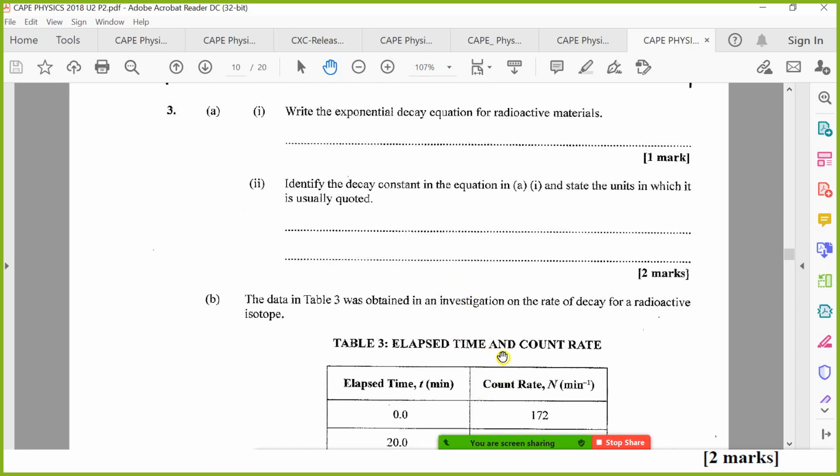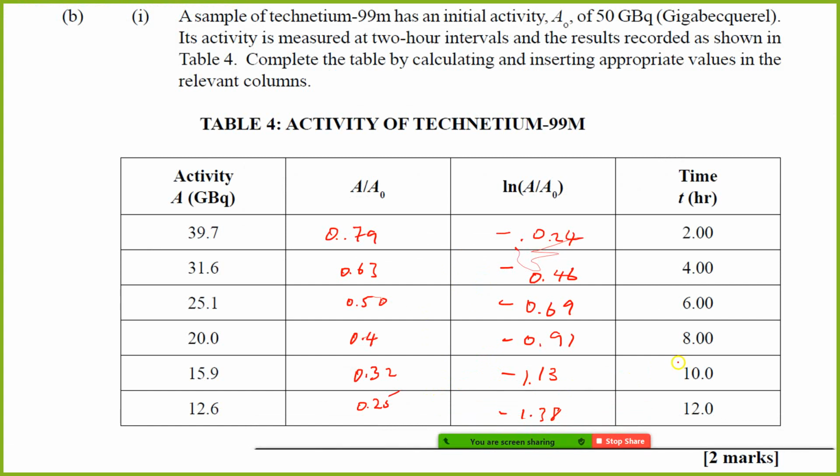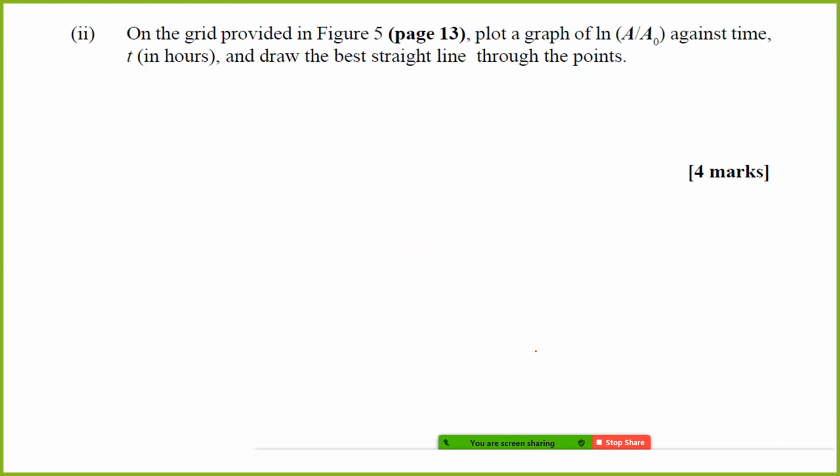Yeah, so I guess they might just want us to plot a graph.